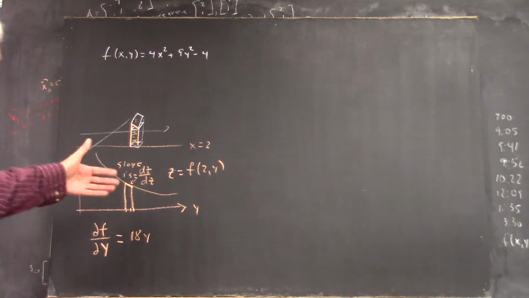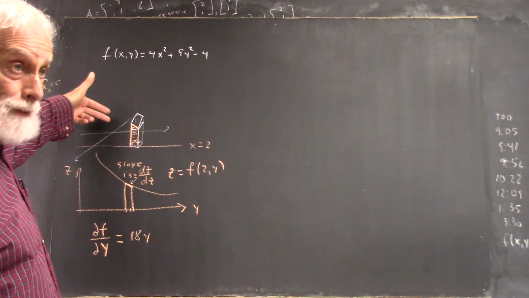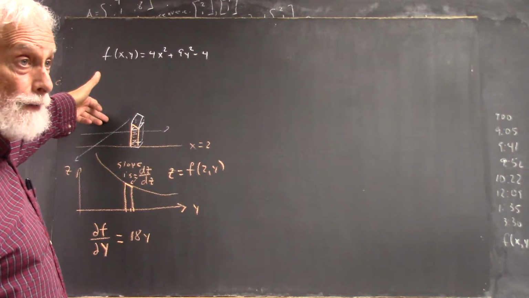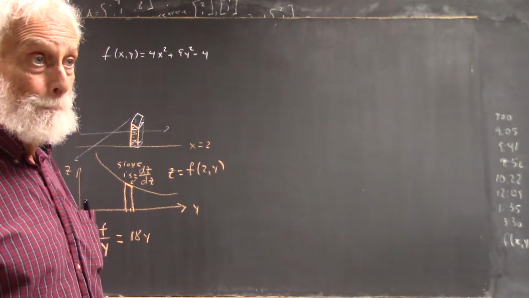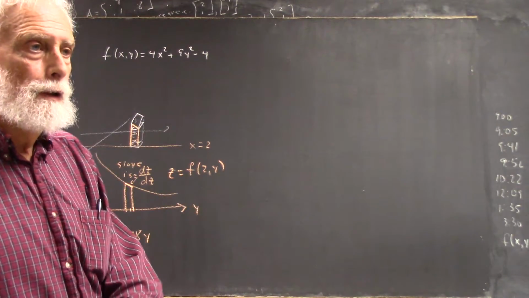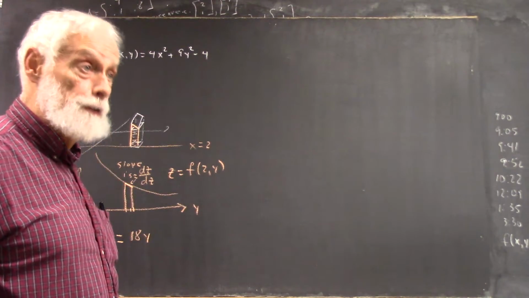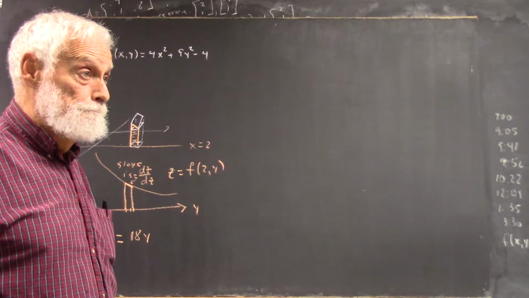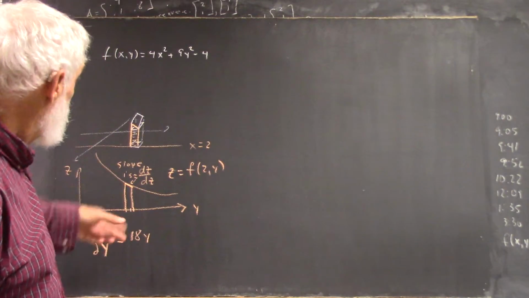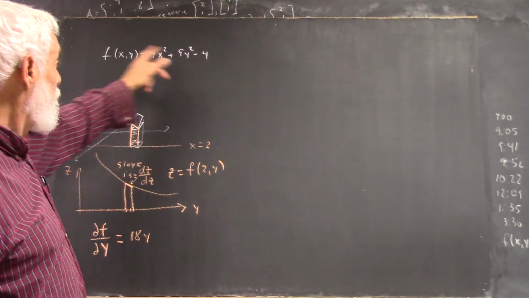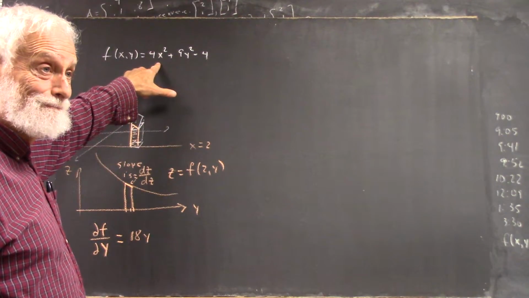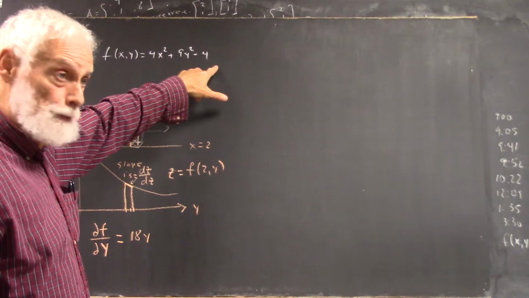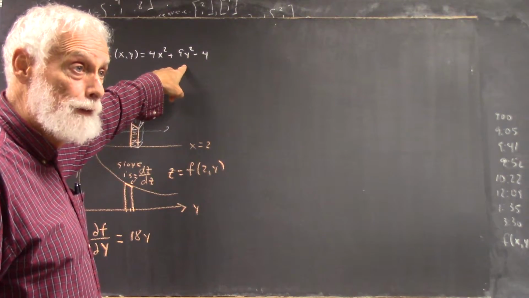Well, remember when we did an integral to find the volume and to find the mass given the density? What did we do when we integrated with respect to y? We treated x as a constant, right? Okay? Well, we do the same thing. x is a constant. Take the derivative of this thing with respect to y. That's constant. That's constant, so the derivatives are 0, so all we have is this, and the derivative is 18y, right?